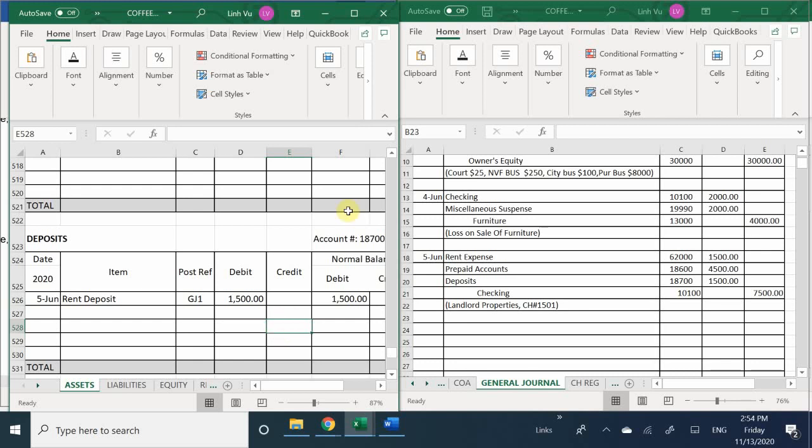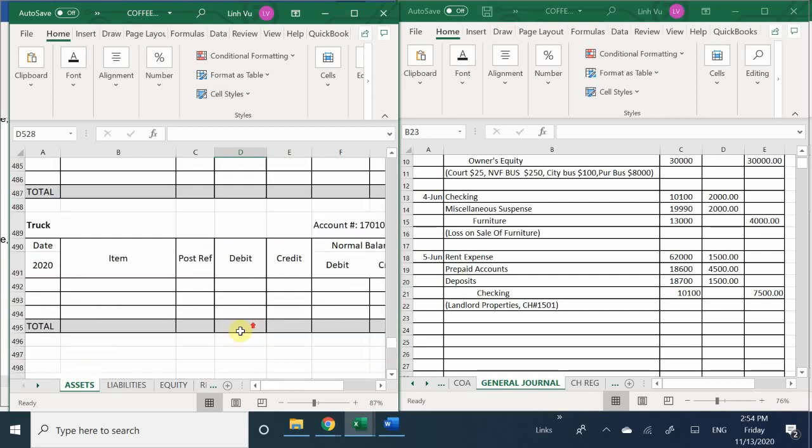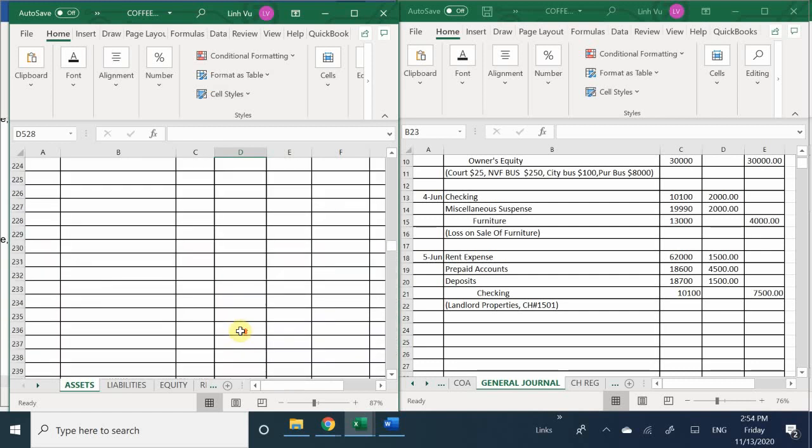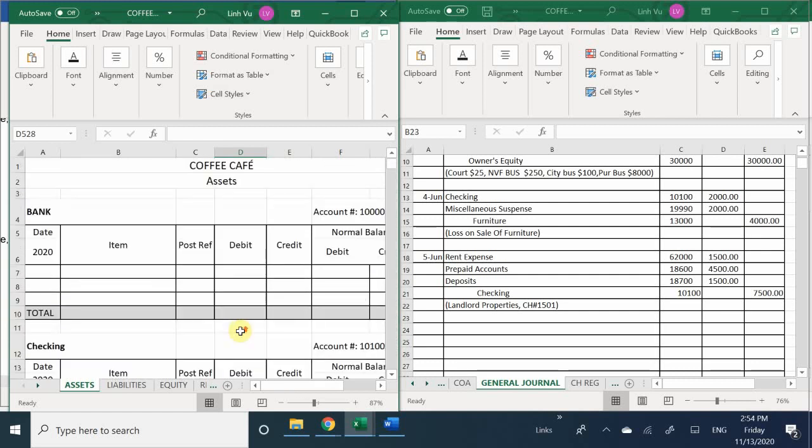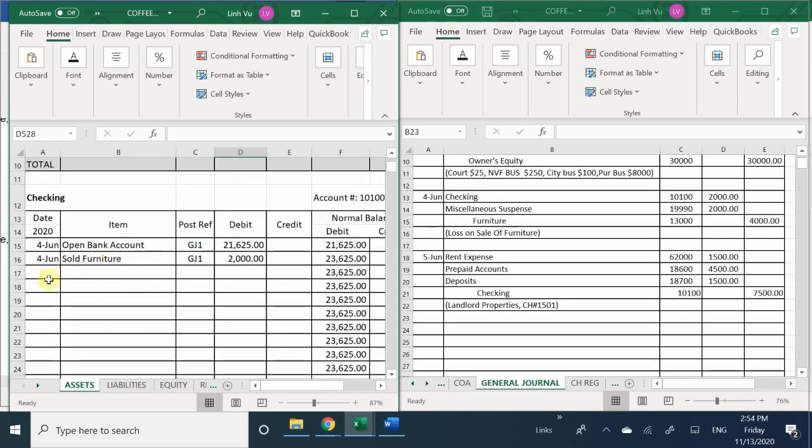Okay. And now the last thing that I have left is going to be my checking. So I'm going to scroll all the way up, okay, and find my checking account in my assets, and I'm going to go ahead and indicate in my third line that I have on June 5th. Now here you can place as much information you want.